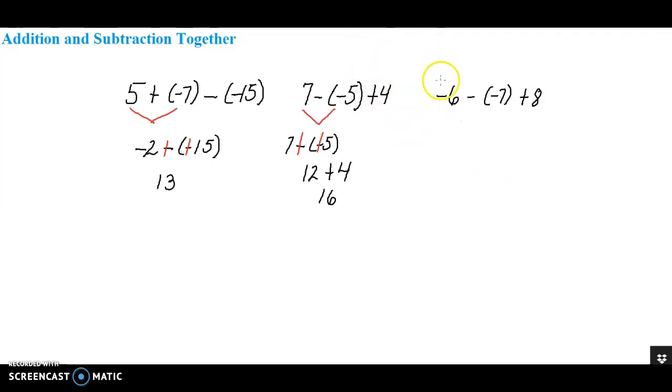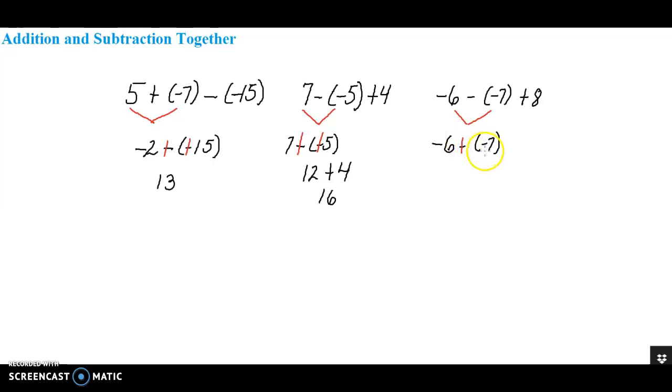So we're going to work with the first 2. And that would be a negative 6 minus a negative 7. The rule here tells me to change that subtracting sign into an addition.